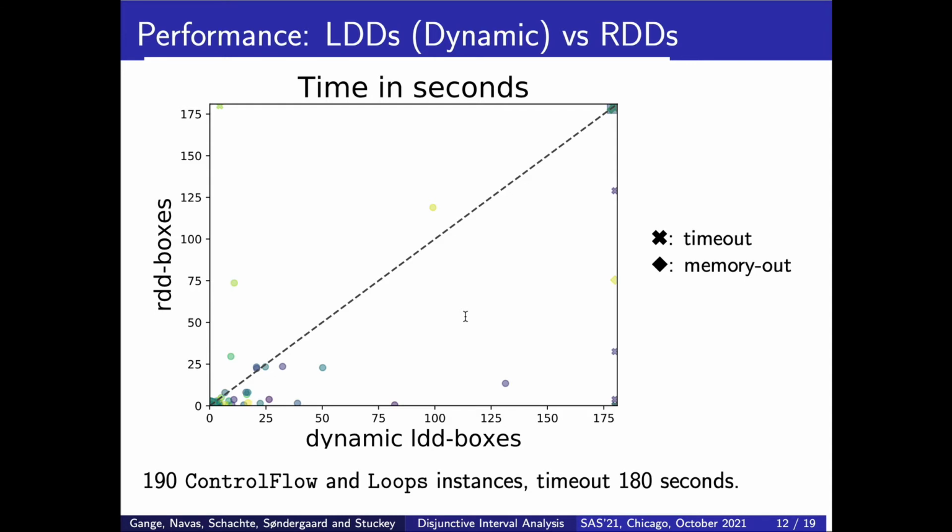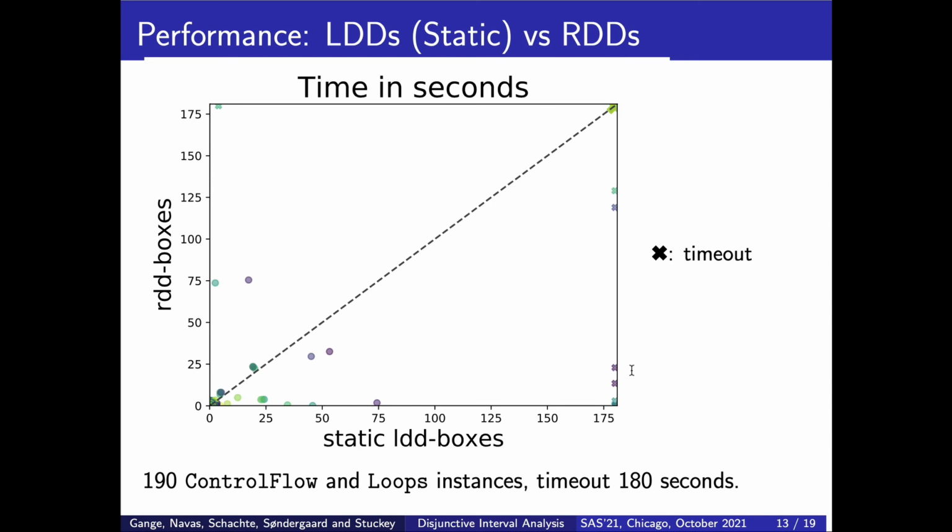And in terms of performance, this is the picture. On the whole, the LDD boxes end up being slower, and we have more timeout and memory out cases with them. If we look at the static LDD boxes, the picture is not all that different. It comes out more or less the same.